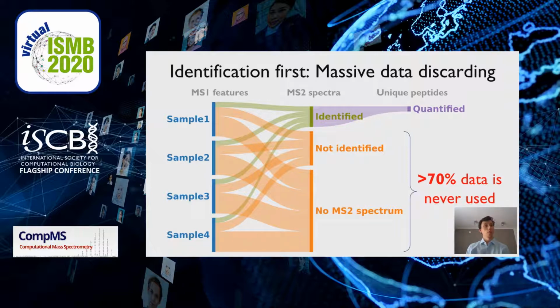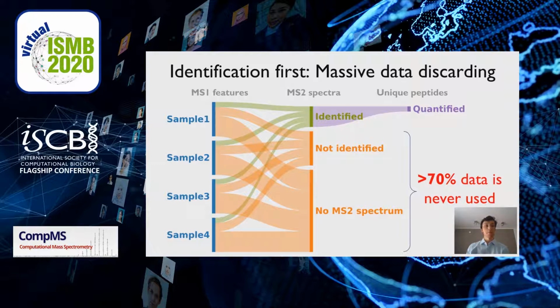The state of the art we call Identification First, where we start by detecting our MS1 features in our different samples. We assign the MS2 spectra to these MS1 features and then search these with some kind of search engine. And finally, we summarize this set of identified MS2 spectra into a matrix of peptides quantified across the different runs.